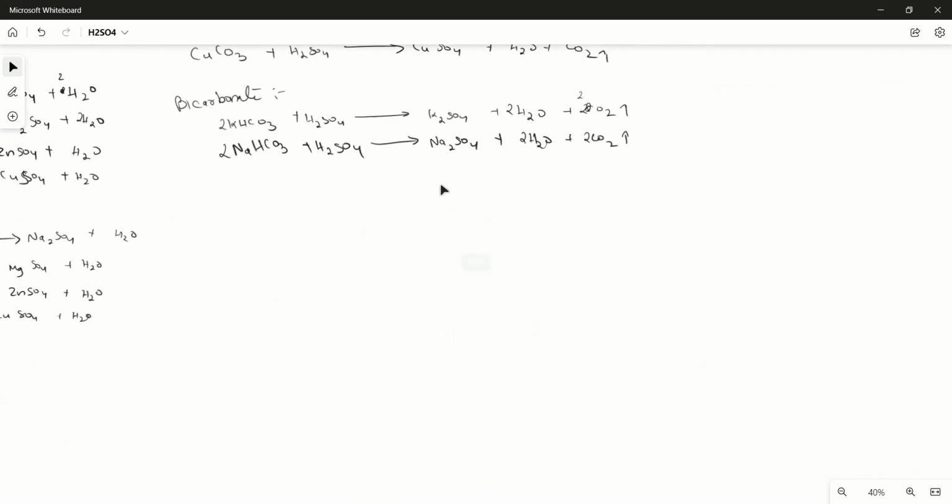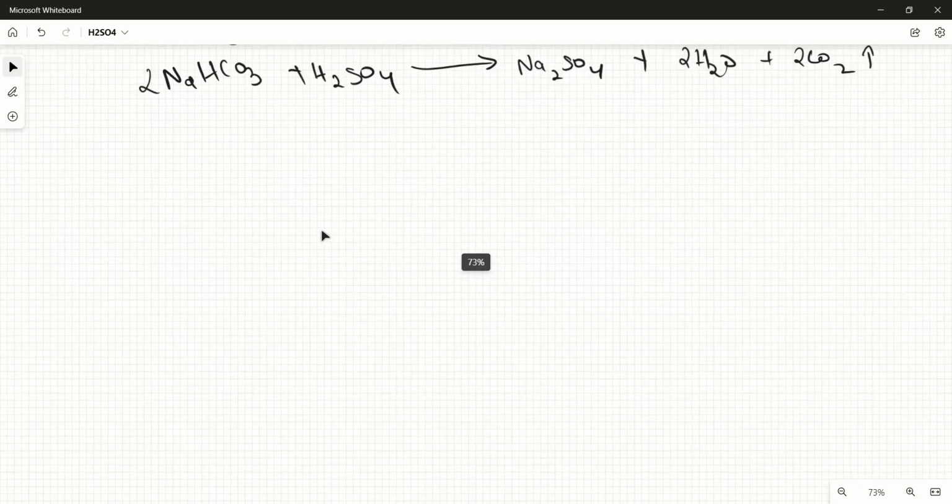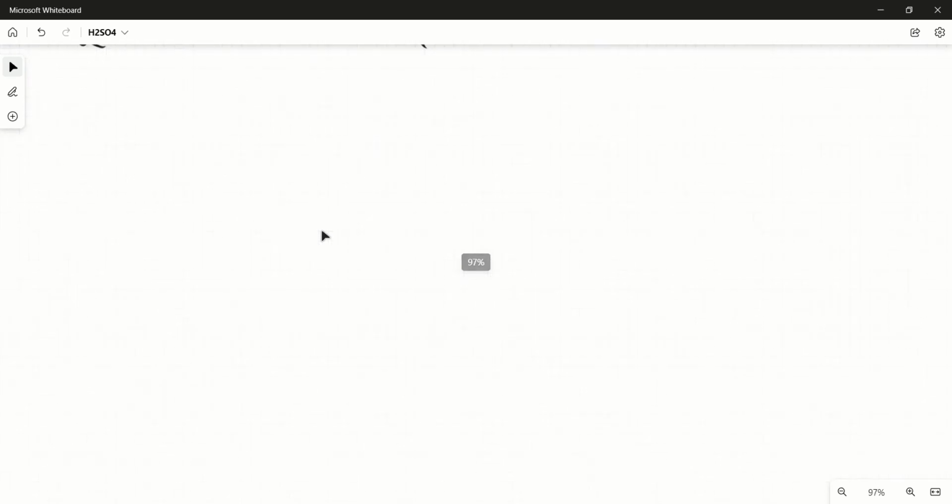Let's move on to sulfides and bisulfides. Sulfite, bisulfite, and sulfide. I'll tell you the difference. Whenever you say bi, you just think of H added to whatever sulfite is. So let's take a sulfite example.